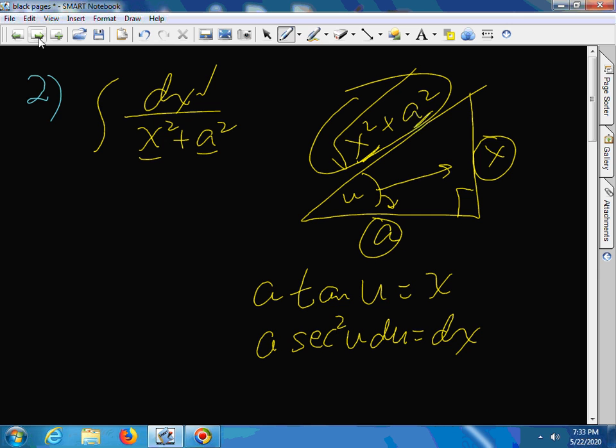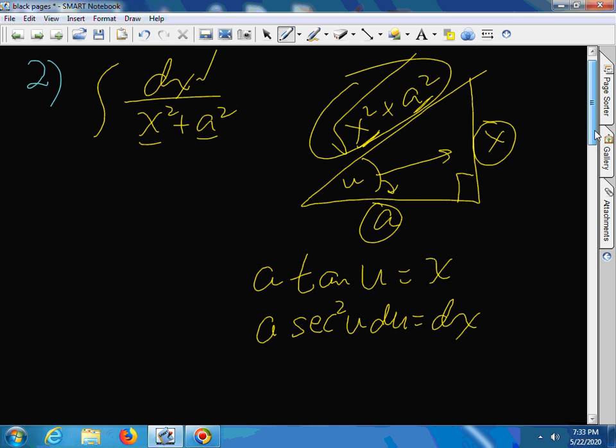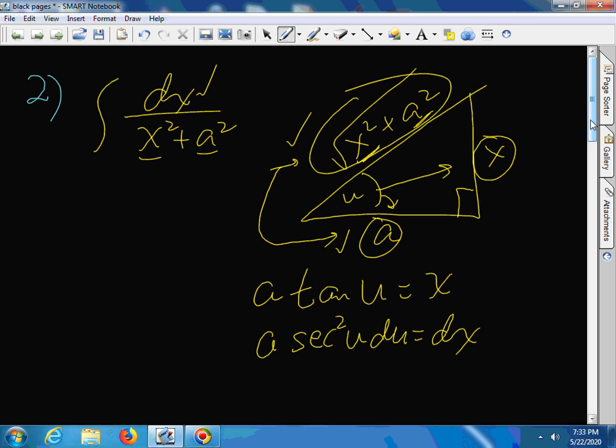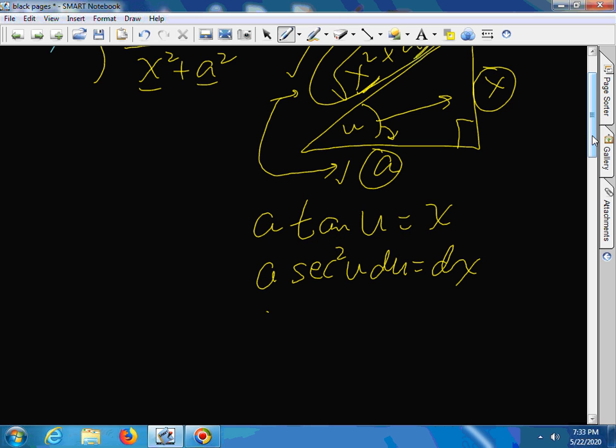Got it. Now, I need to get x squared plus a squared. Well, I kind of see it here. So I would love to divide that by just a. And that's not adjacent over the hypotenuse, not cosine, but it's the reciprocal of cosine, which is secant of u.